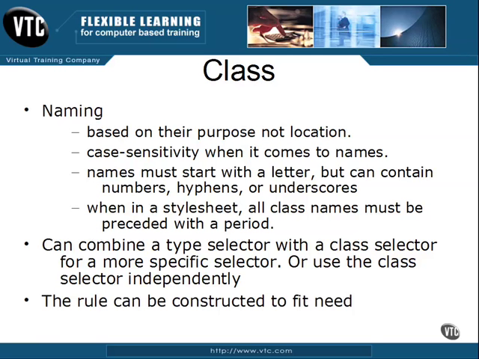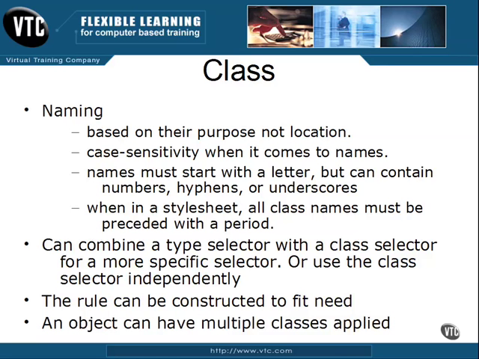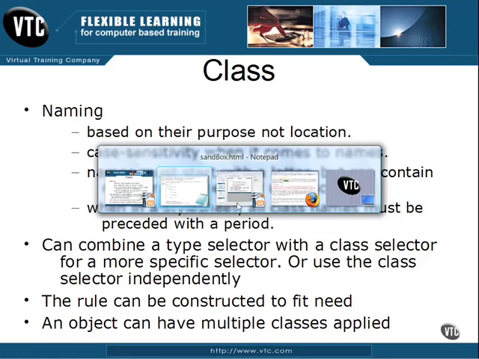Now, the rule can actually be created to fit the needs of the design. So what we're going to be doing with our class rules is creating those for specific purposes for our designs. And then as we need, we can evolve that rule to do what we need it to do. And lastly, an object can have multiple classes applied at the same time. So that's actually really powerful, and that's something we'll see in just a moment as well. So let's go ahead and jump over into our sandbox.